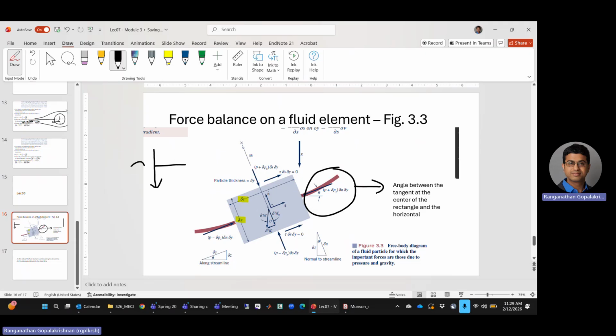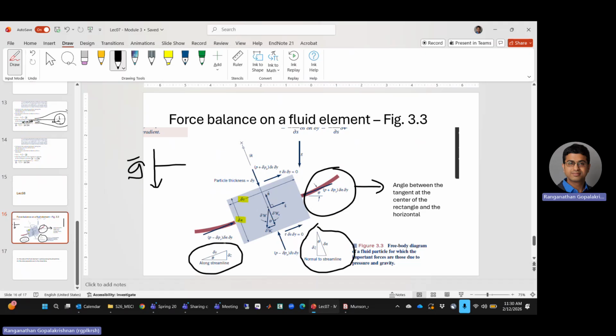So this is G. Here's your depiction that relates to the direction of gravity in relation to delta S and delta N: the relation between the streamwise distance delta S, the angle, and the vertical distance, and the relation between the normal distance, the angle, and the vertical distance.